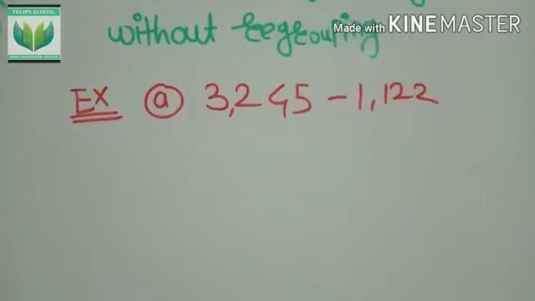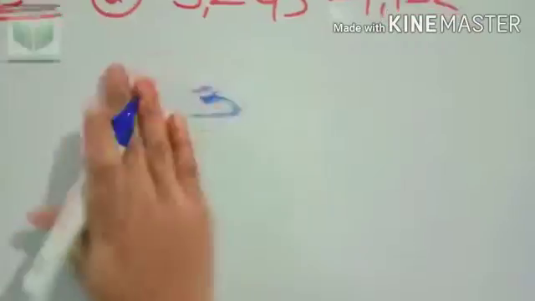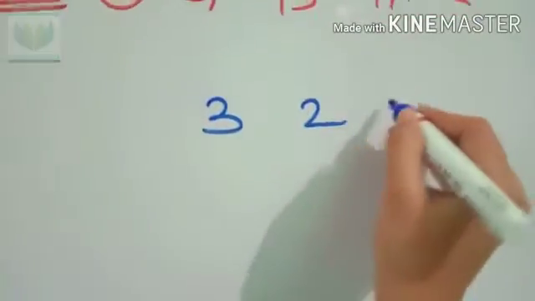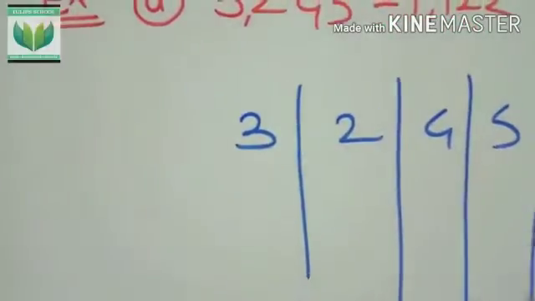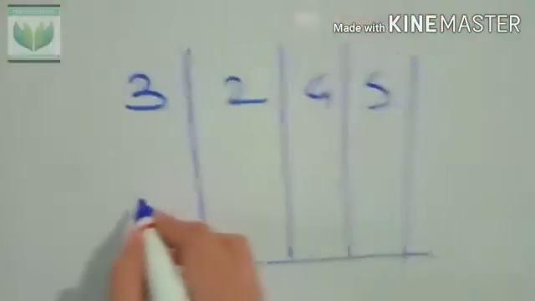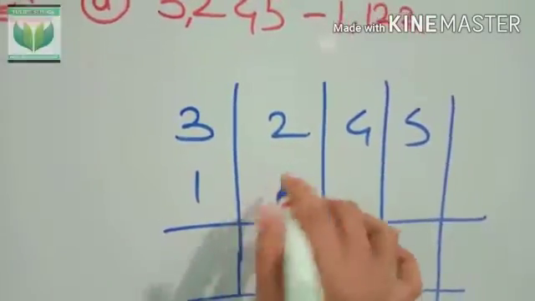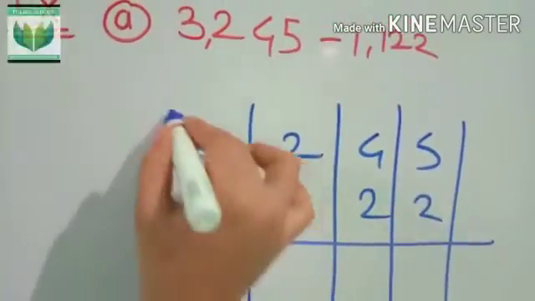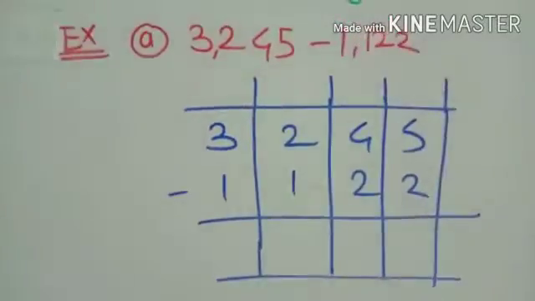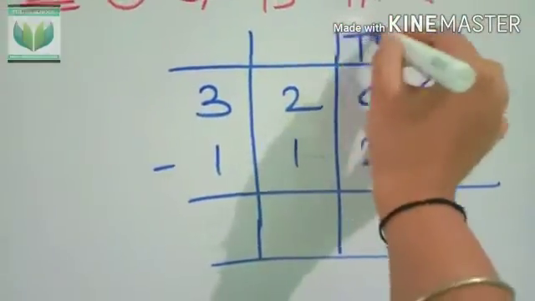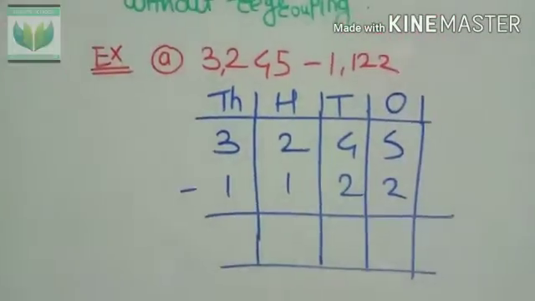First of all, we have to write properly in place value. Now first write the places: ones, tens, hundreds, and the last one is thousands. Now let's solve this subtraction.